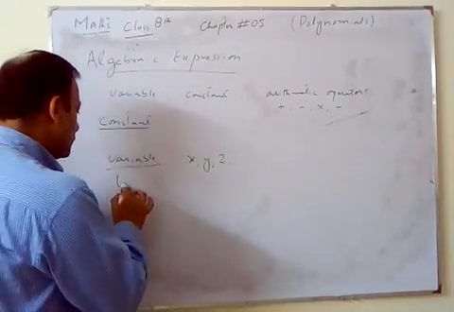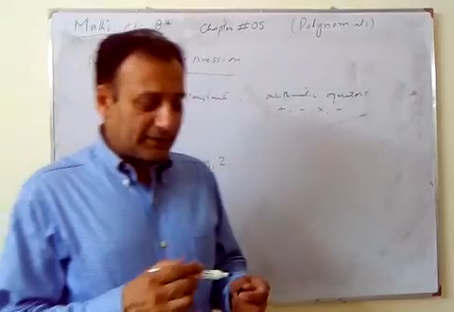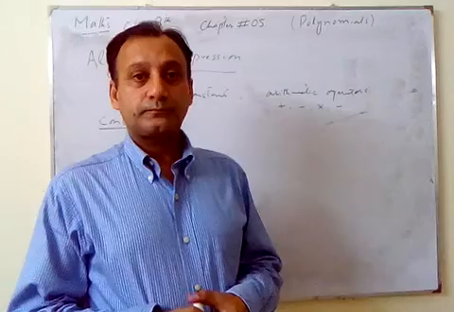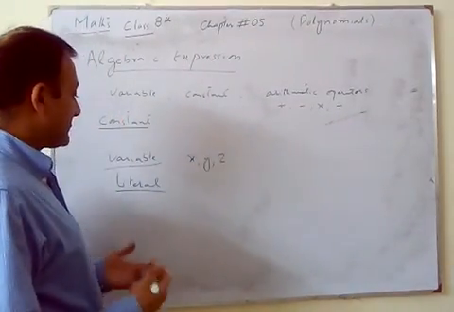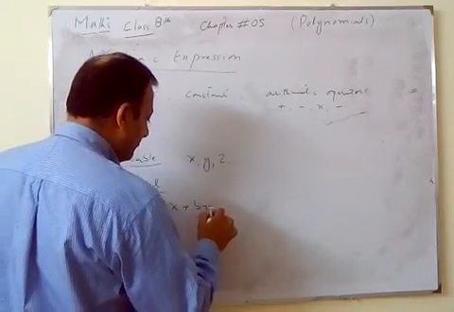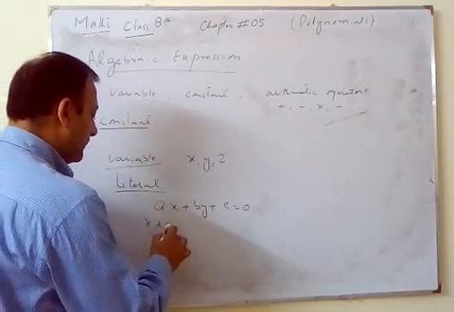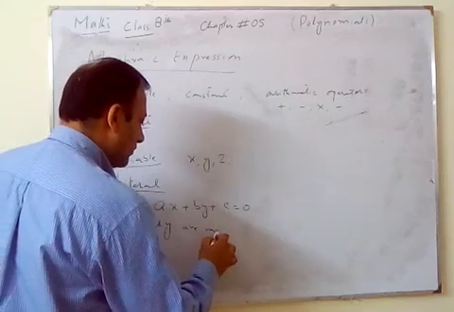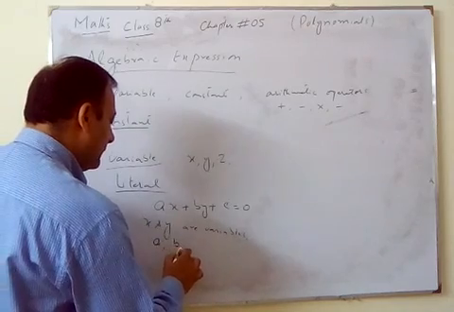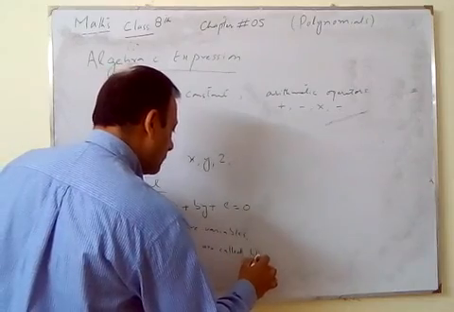Another term we use is literal. What are the literals? Literals are the quantities, terms which are represented. For example, if we have ax plus by plus c is equal to 0, in this x and y are variables, whereas a, b, c are called literals.